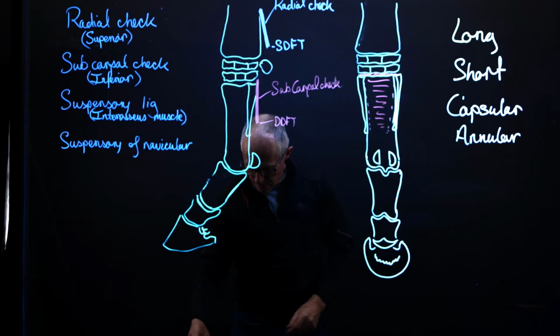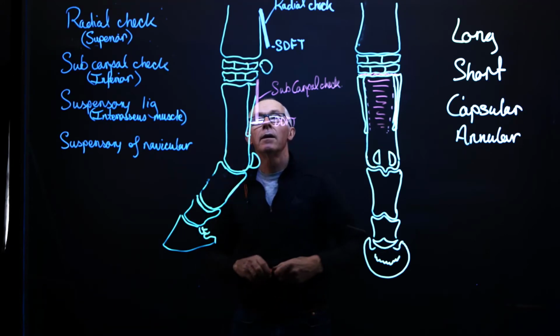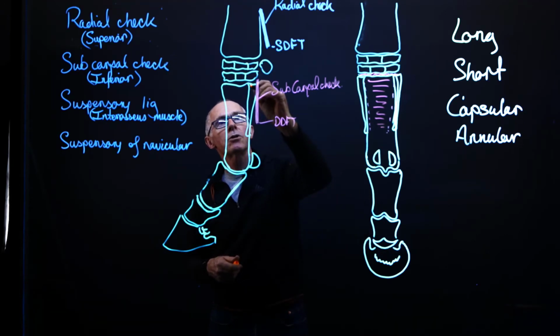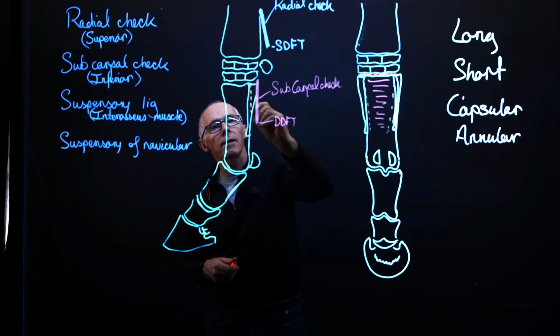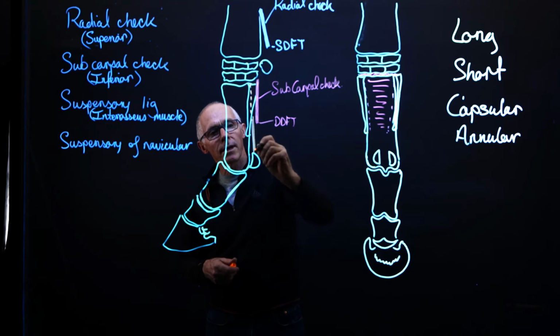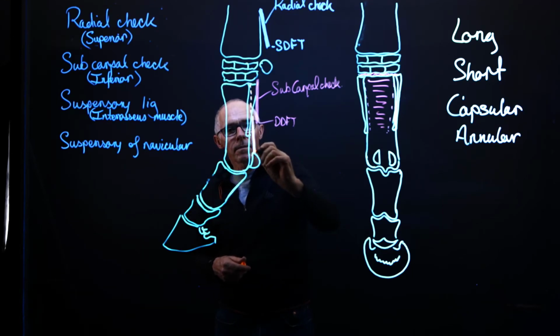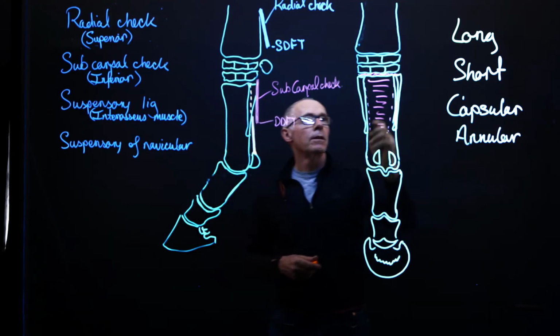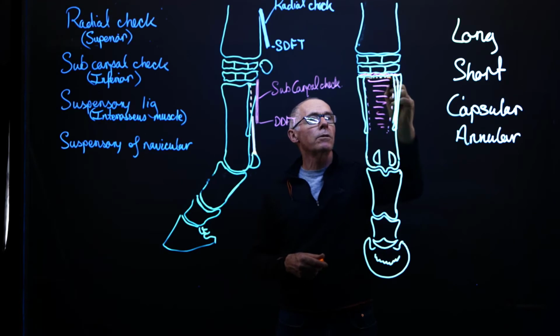Then we have the suspensory ligament, which originates just distal to the subcarpal check and again is in the groove formed by MC2 and MC4 and inserts onto the proximal sesamoids. So it originates in this region.